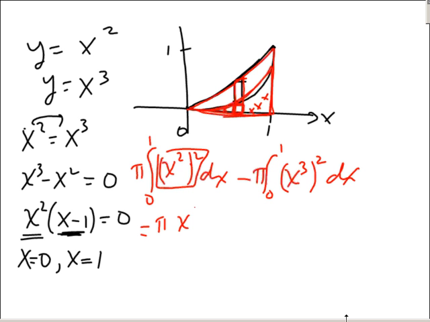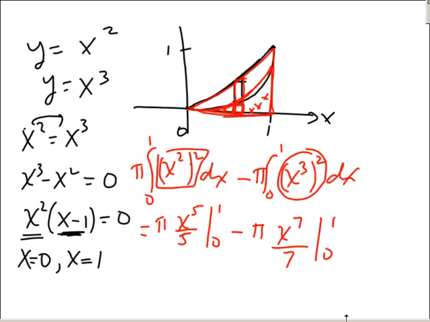The integral of that is x to the 5th over 5 from 0 to 1 minus pi. This is really x to the 6th. So the integral would be x to the 1 more than 6 divided by that same number from 0 to 1. And you can actually factor out pi from the whole mess.